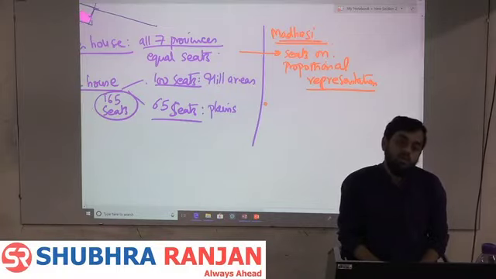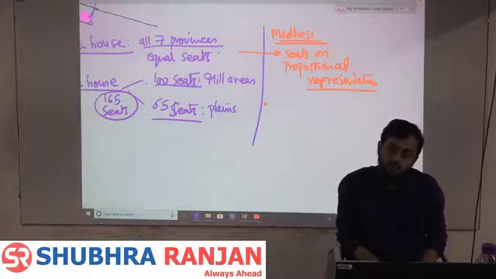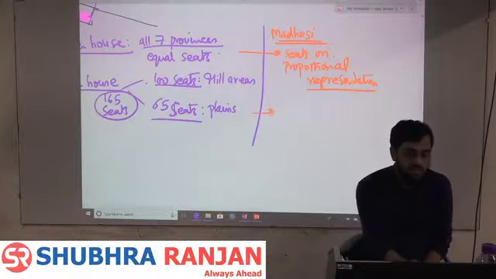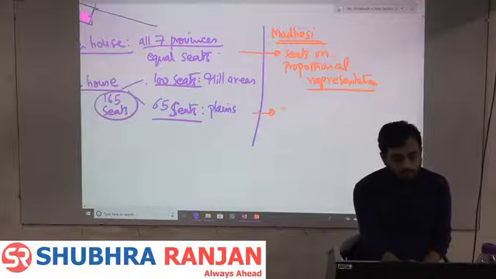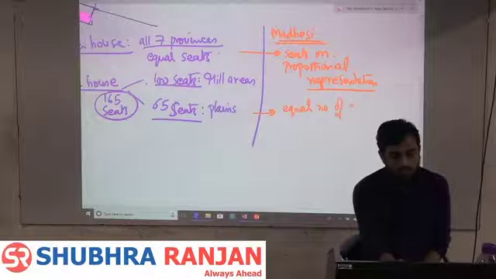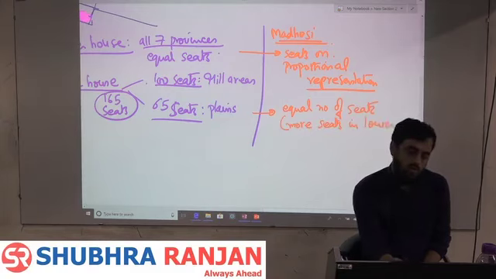More seats, or the Madhesi state, largely the state number 7, more seats in the upper house. Secondly, they said that they wanted equal number of seats or more seats where? In the lower house.